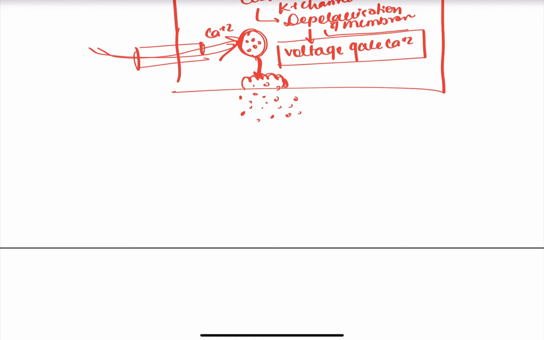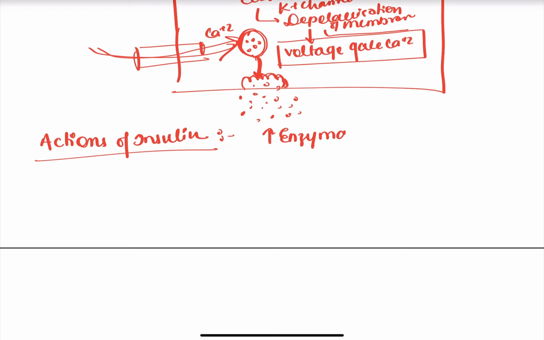Now next thing is, what are the actions of insulin? The action of insulin that we have to learn in biochemistry is that it increases the enzymatic activity. But which enzymatic activity? The enzymes that are dephosphorylated.